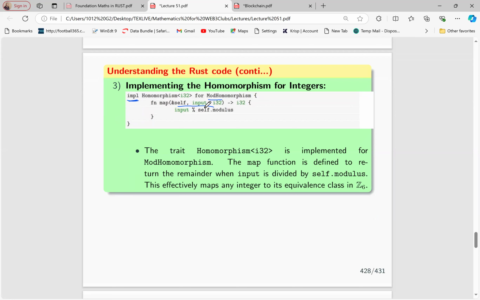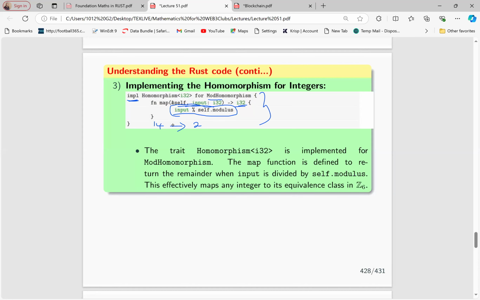So this element, which is an i32, is mapped to another element, which is an i32. But the input this time is reduced to mod n. That means if the input was 14, we are doing it mod 6, so the result will be 2. That's what it means.